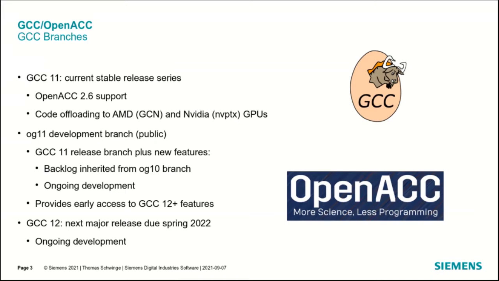This provides early access to GCC 12 features, which is the next major release due in spring next year, which is the general GCC development branch where all ongoing development gets onto. So our changes either go directly into the GCC 12 branch or first in the OG11 branch as a staging branch, in a way.